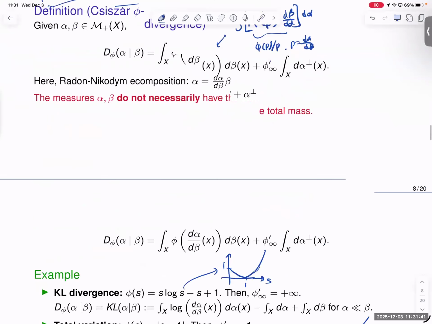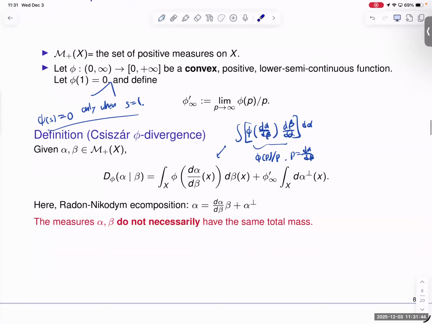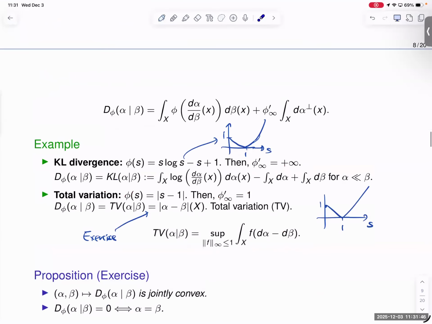Okay, then with that kind of correction, I think this is true that if this is 0, then they have to be equal. So this phi divergence gives some kind of measurement of how different the two measures are. It's not exactly a metric because you may not have symmetry or triangle inequality.